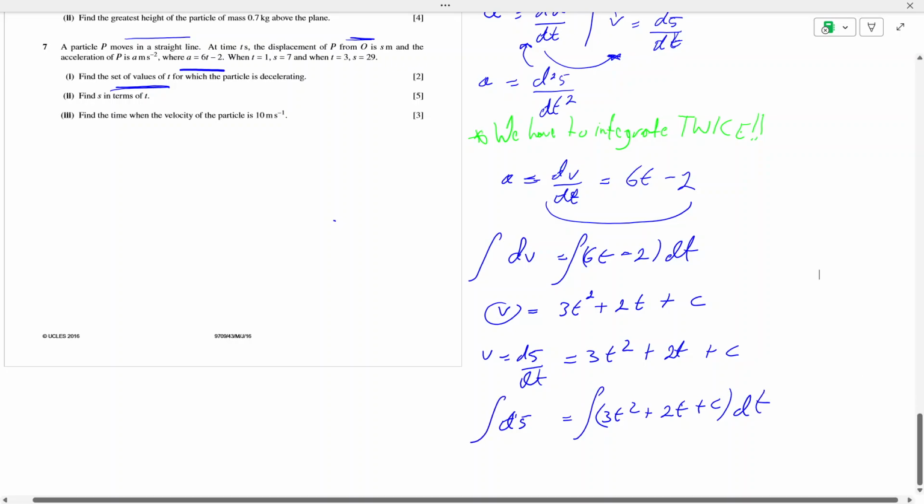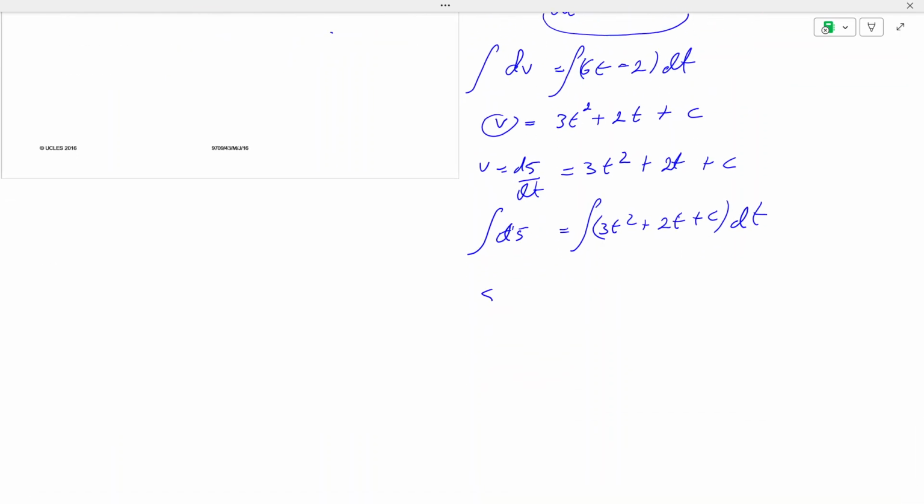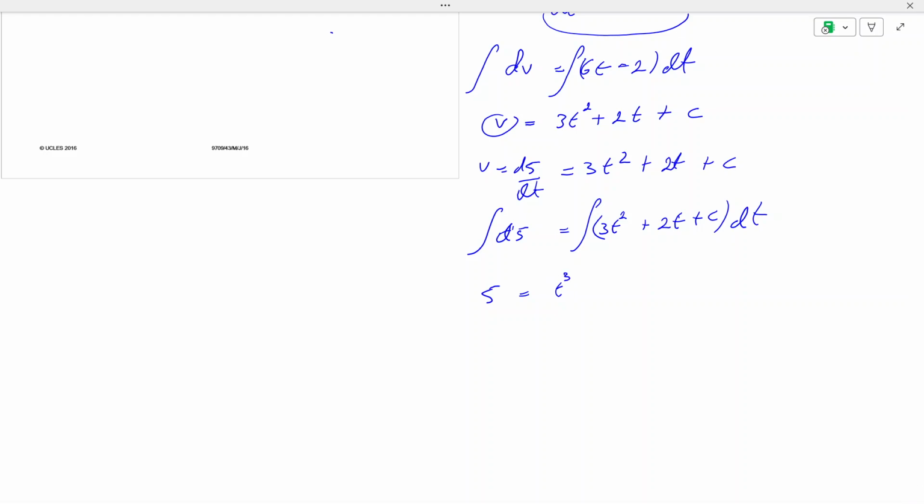Integrate both sides again, right? Then this will become s is equal to, when I do that integration again, add the power. So here, you get 3 divided by 3, now you get t cubed. The same here, add the power, divide, and you get t squared, plus the c now can be ct.